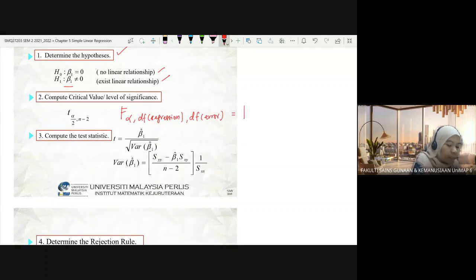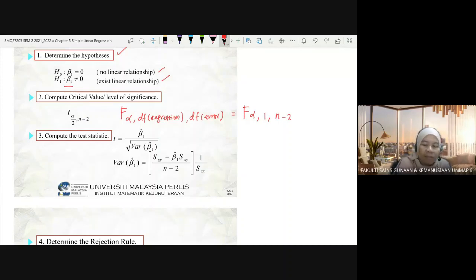So this will be F alpha. Usually the degree of freedom for our regression would be 1, and the degree of freedom for error would be n minus 2. That will be the F critical value for the second step.